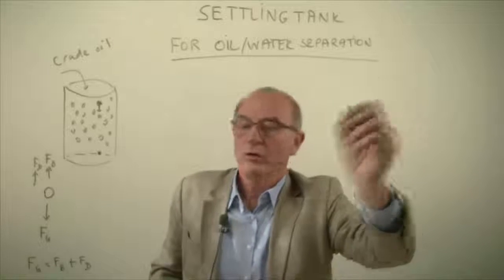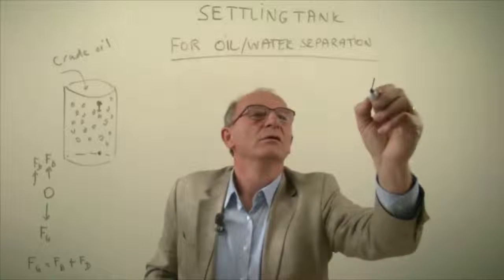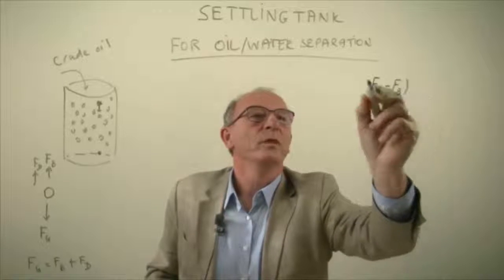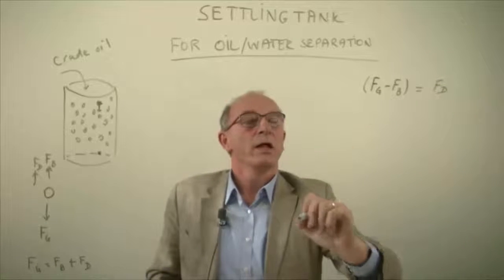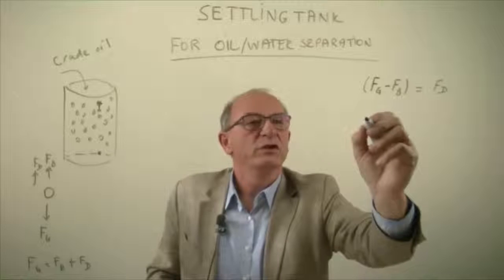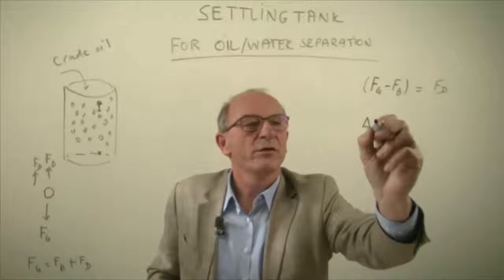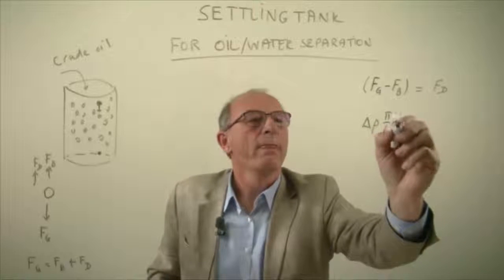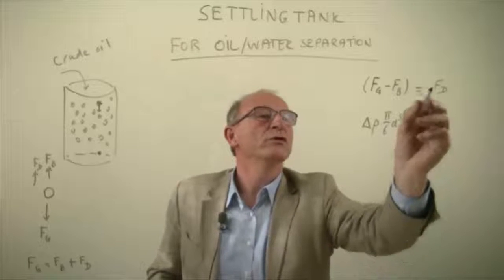However, if you combine these two, you get a balance which is Fg minus Fb is equal to the drag force. Combining these, we substitute the mass and the gravity, then we get the difference in density multiplied by the volume multiplied by the gravity constant is equal to the drag force.